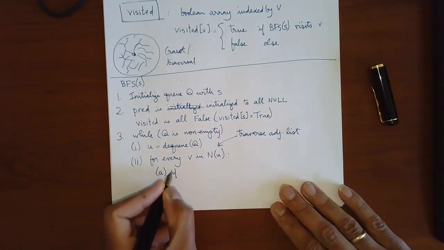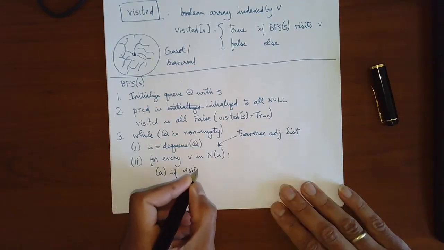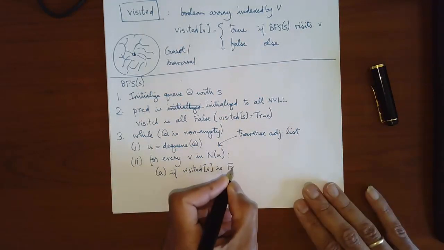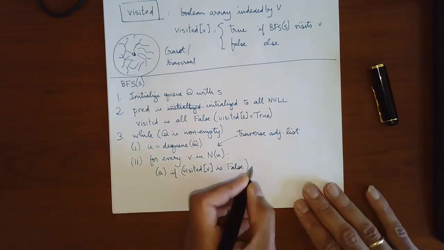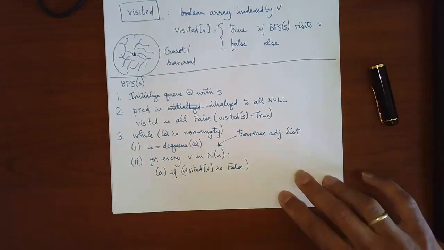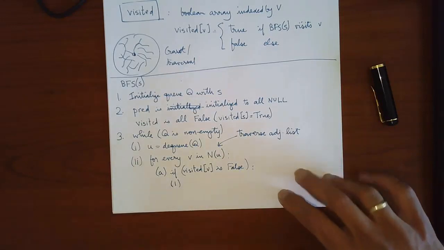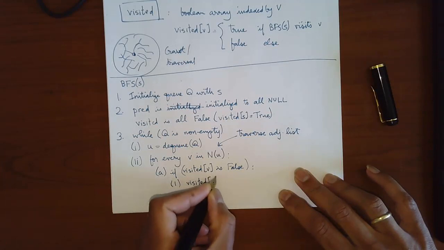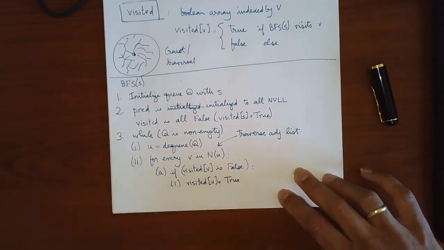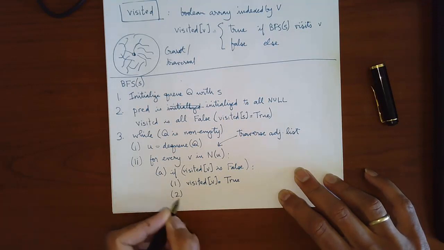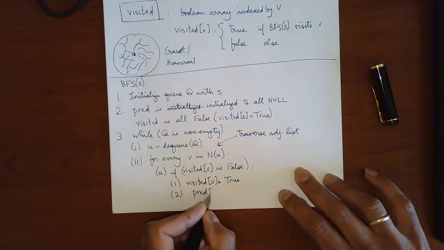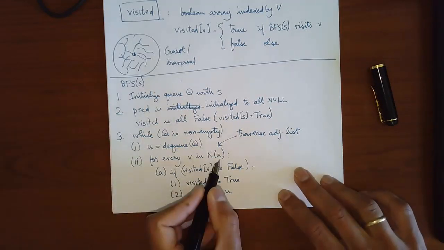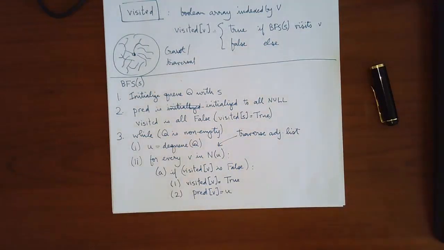If visited of V is false, which means you have not seen V before, then you do 3 steps. Step 1: now I've visited V, so visited of V is true. Step 2: where did I visit V from? I visited V from U because I'm looking at the neighbors of U, so I set the predecessor.